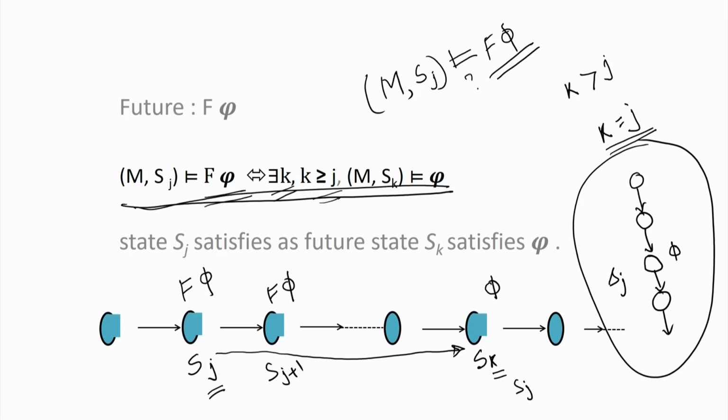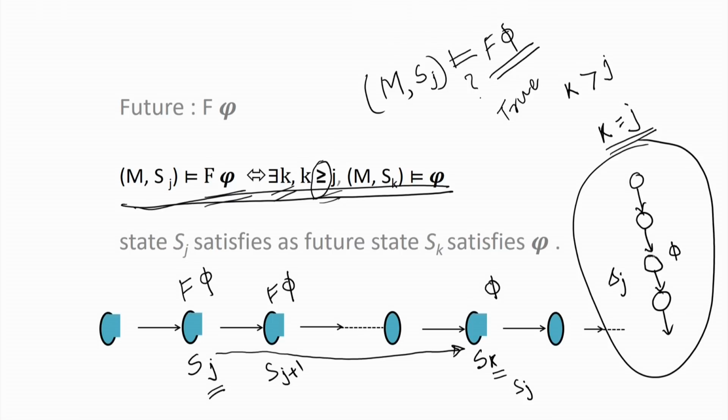So, according to our definition, yes, I can say that F phi is true in the state S j. Because why I am concluding like that? Because of this greater than or equal to j. So, if k is equal to j also in this particular case, I can say that yes, F phi holds in that particular state S j. So, what is the minor observation over here?